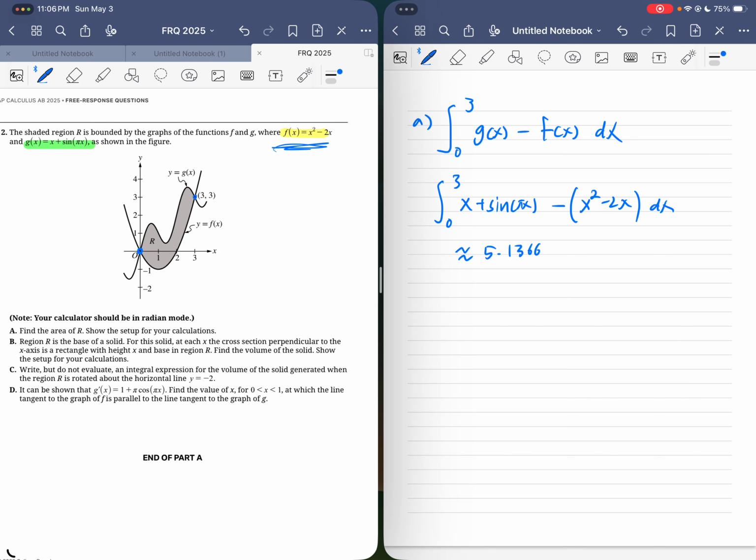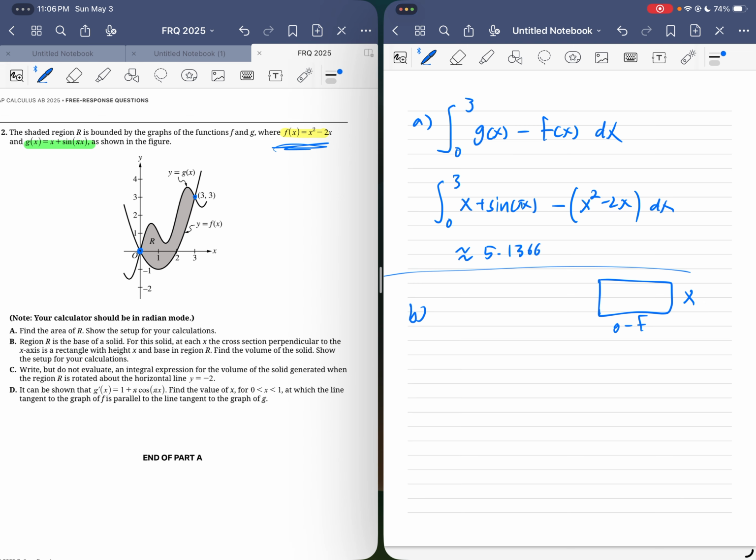Number two says region R is the base of the solid. Cross section perpendicular to the x-axis is a rectangle. Okay, so it's going to be a rectangle with height x. Height is x. Base is what we have here, which is g minus f. Find the volume of the solid.